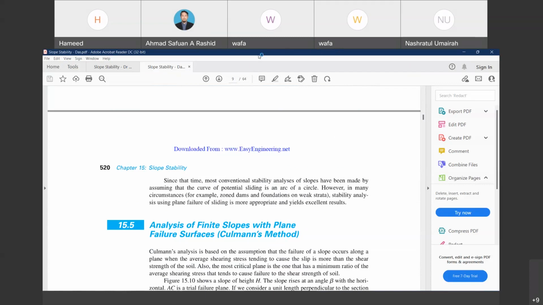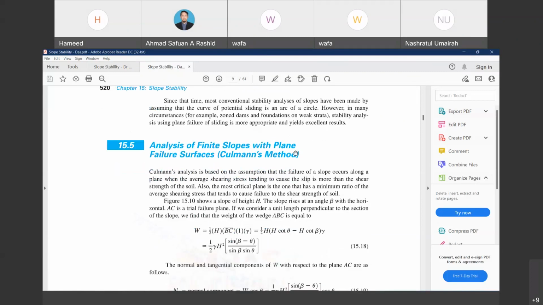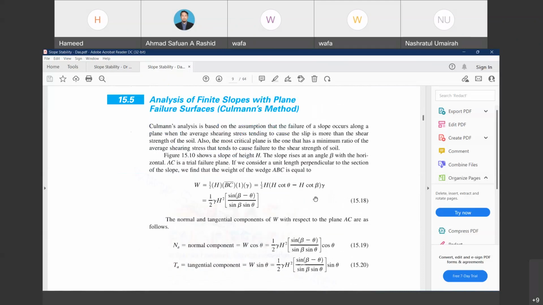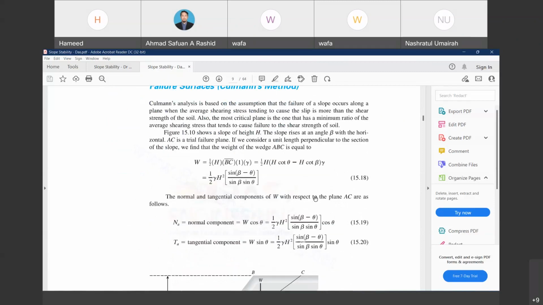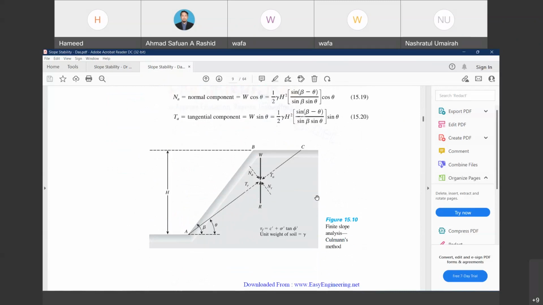However, nowadays we have a lot of geotechnical software, so we let the software determine the type of failure, but we need to understand the fundamentals of the analysis. Based on the Culmann method, I guess it is the same explanation as what we have discussed previously.